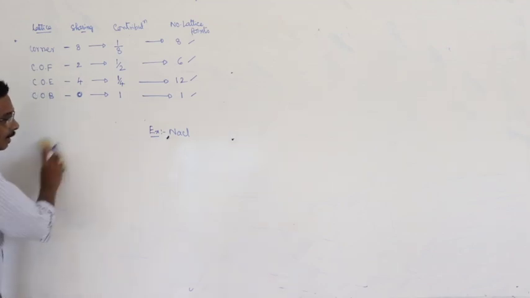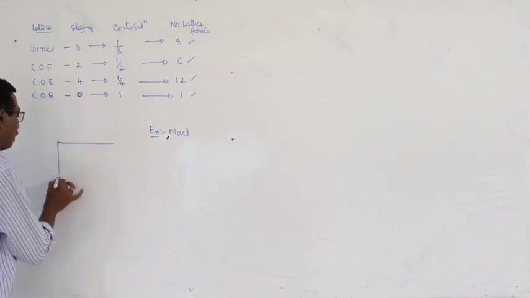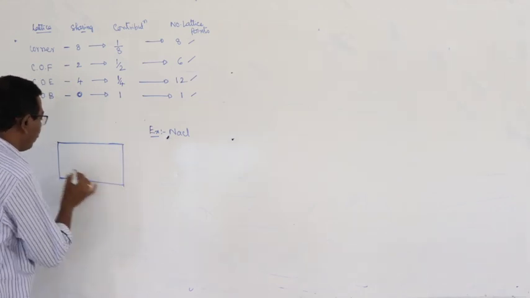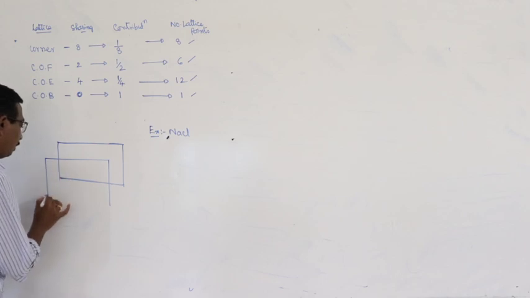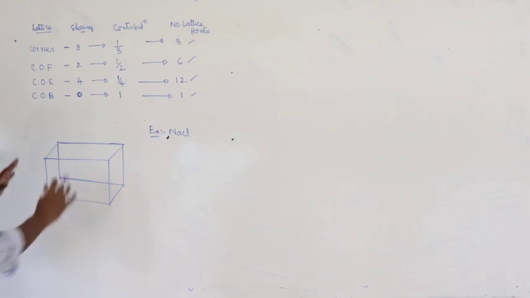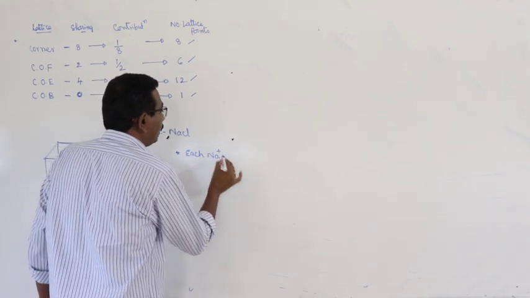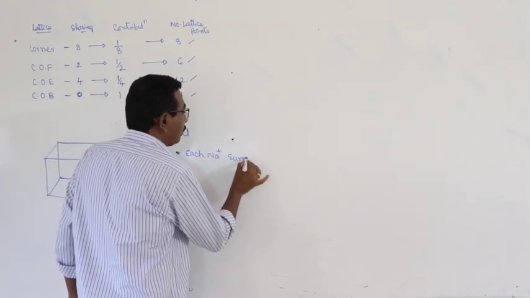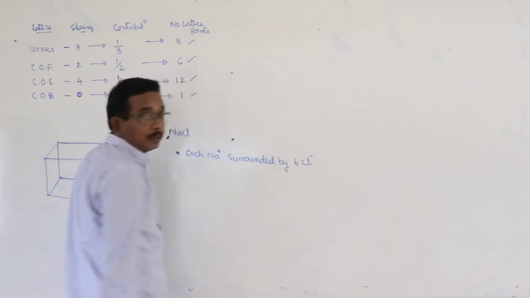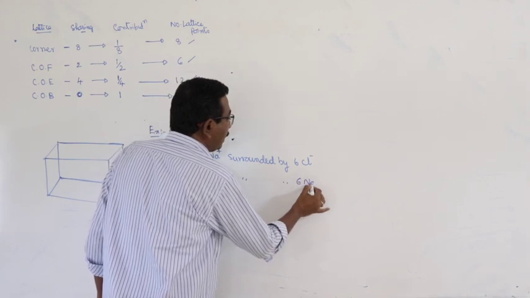In sodium chloride crystal, each Na+ ion is surrounded by 6 Cl- ions, and each Cl- ion is surrounded by 6 Na+ ions.